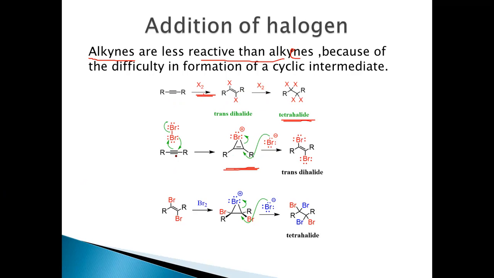Because of the presence of this pi bond, electrophilic addition takes place, that is Br plus will attack, resulting in the formation of a cyclic intermediate, which is called a cyclic bromonium intermediate.